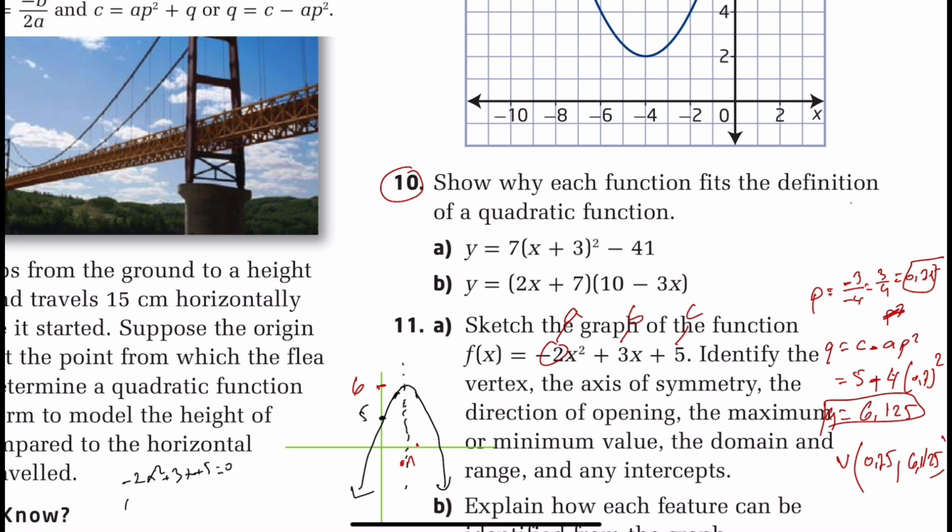You just factor it as something times something equal to 0. And this will be x plus 1 times x minus 5 over 2, 2.5. Okay, so this will be 2.5, and this will be minus 1. Perfect.